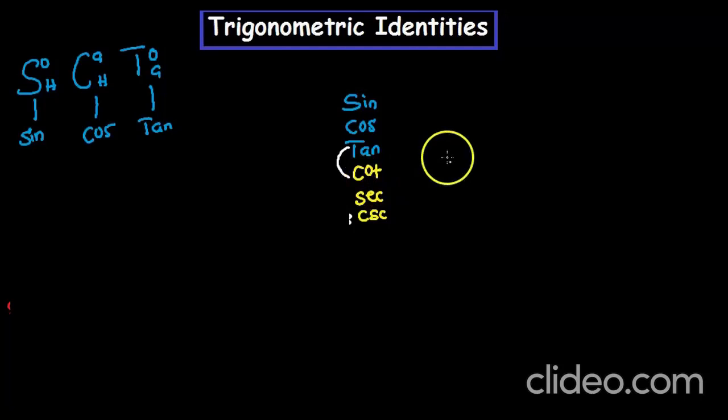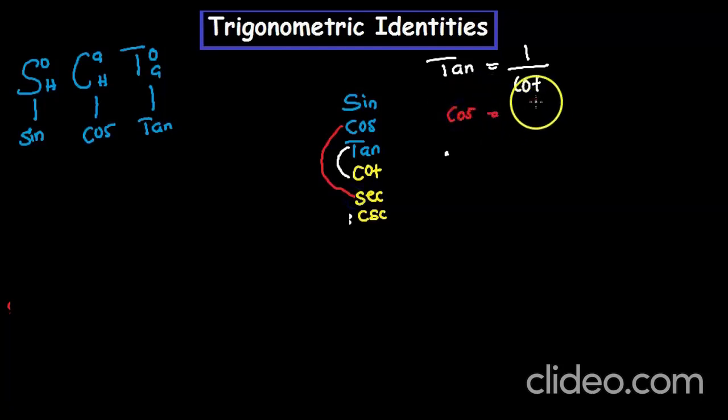Therefore, the value of tan is simply going to be 1 divided by cot. What about the second one? If this is cos, the opposite is going to be sec. If we draw our line here trying to join them together, therefore the value of cos is simply going to be 1 divided by sec.